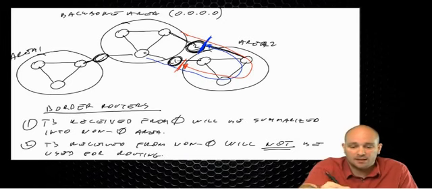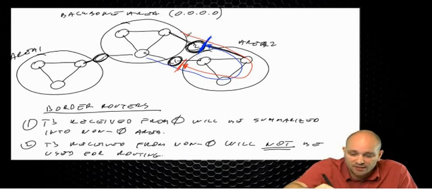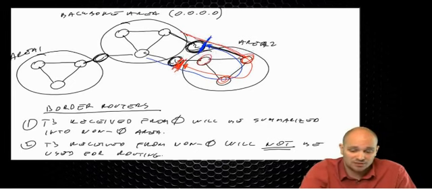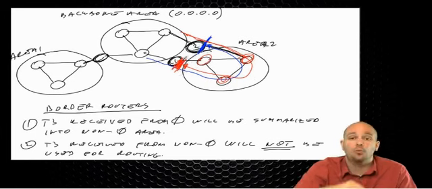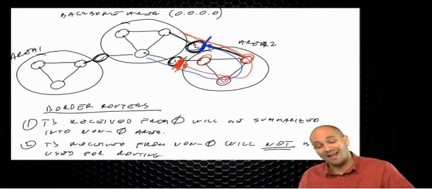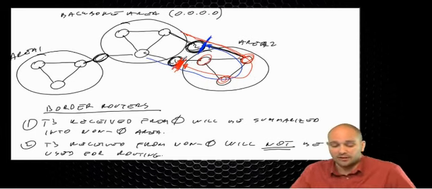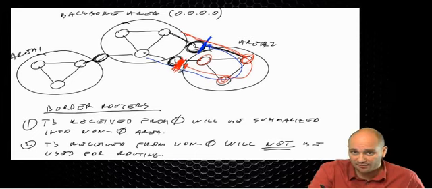That basically means that information that was injected here by R2 will be in the database here, and here, and here. It needs to be in the database on this router. It cannot reject it because the database must be in sync in the whole area, but this router will not use this information for routing. If it doesn't use it for routing, it cannot calculate the path for it.